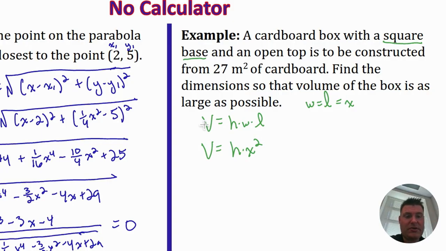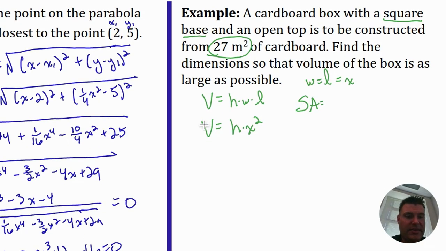We do need to know what our surface area is because we are given that part right here. So our surface area, SA, is going to be, if it's a cardboard box with a base of x and then a height of h, and it's an open box, I'm going to have 5 faces on this box.